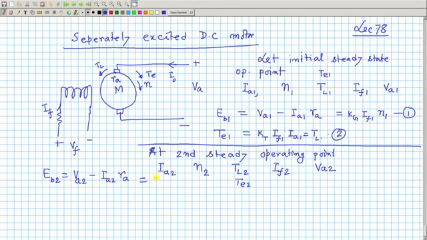This should be equal to k into field current IF2 into the new steady state speed N2, and the torque equation: T2 developed by the machine equals kT, the torque constant, into IF2 into IA2, and this must be equal to TL2, the load torque. This is 3 and this is 4.